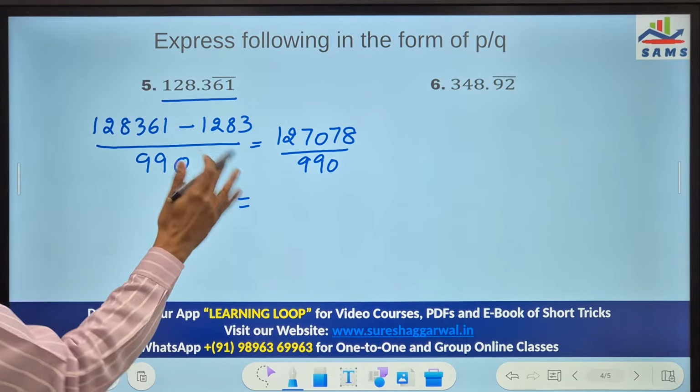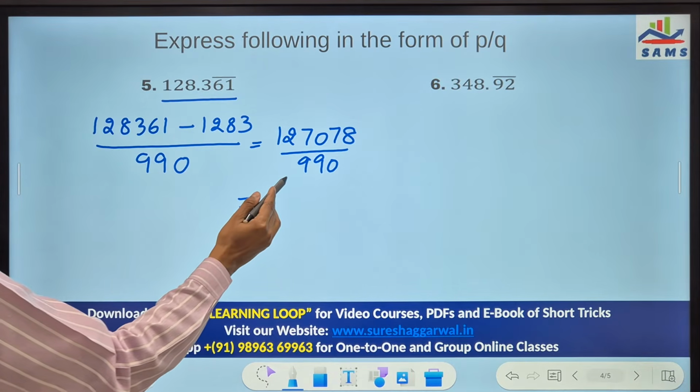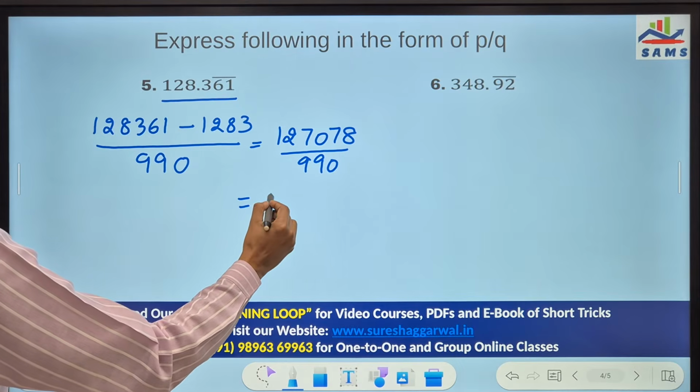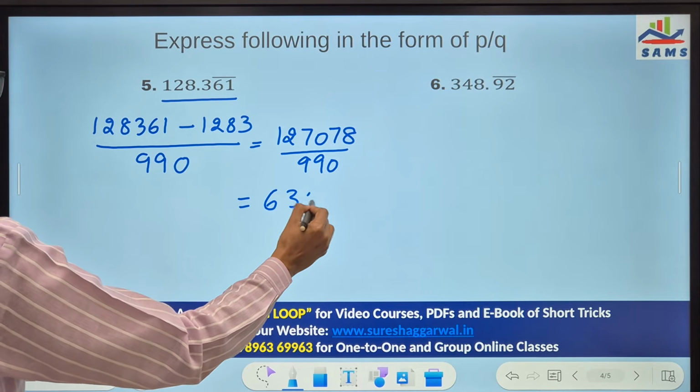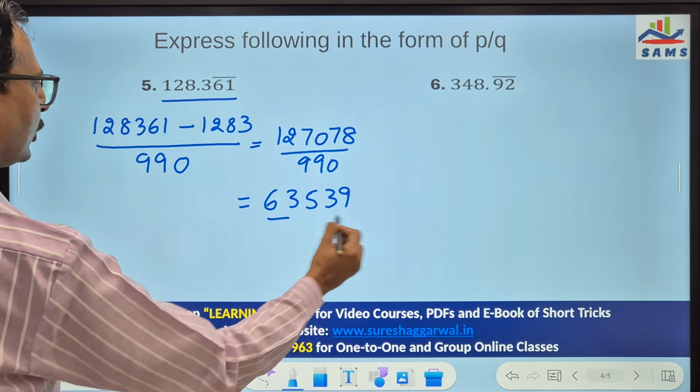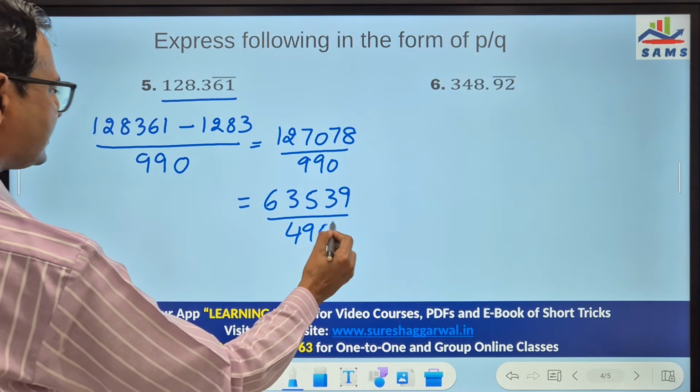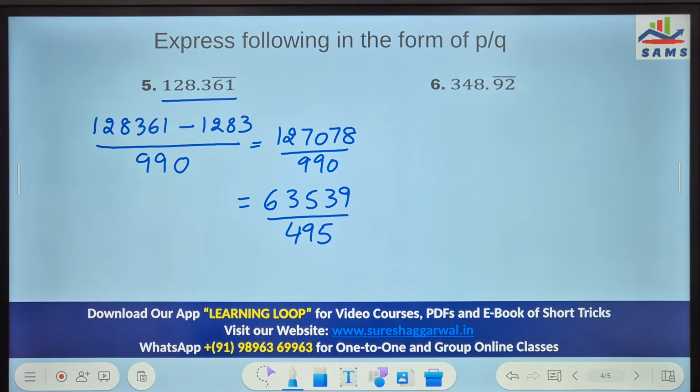I think this can be further reduced because 2 is a common factor, so 63539 and 495, and I think this is the final answer for the question, because I don't think we have any more common factors between numerator and denominator.